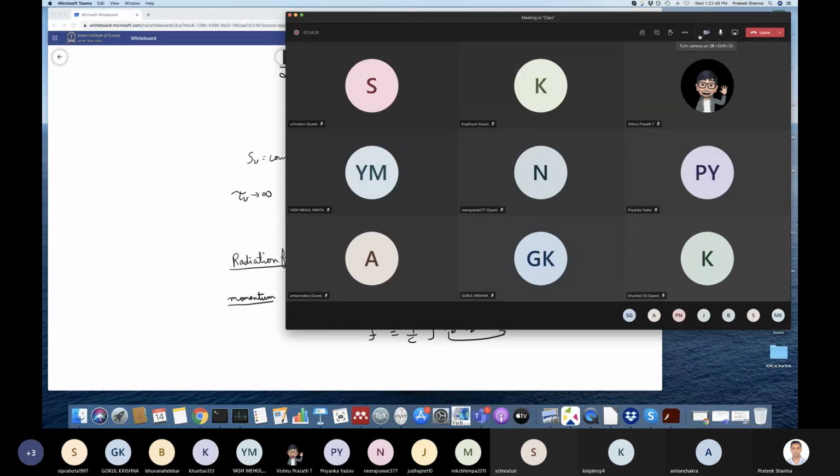Let me see who else is in the class. It's very difficult for me to also monitor this aspect. So 1, 2, 3, 4, 5, 6, 7, 8, 9, 10, 11, 12, 13, 14, 15, 16 people. Okay. Also tell me if something is not quite right, if I can improve some aspect of the presentation.